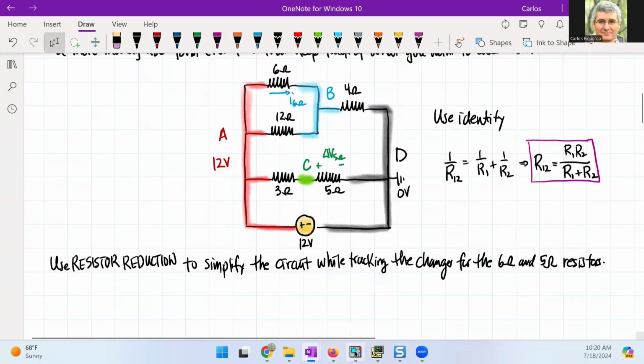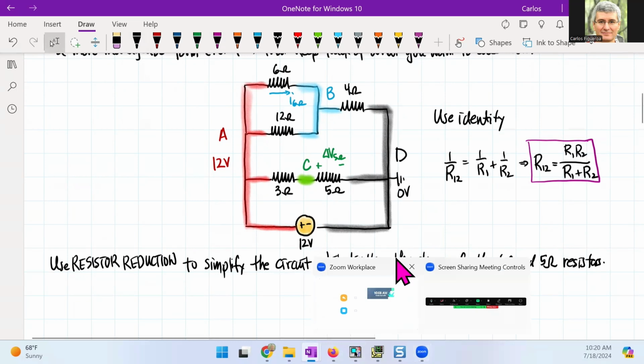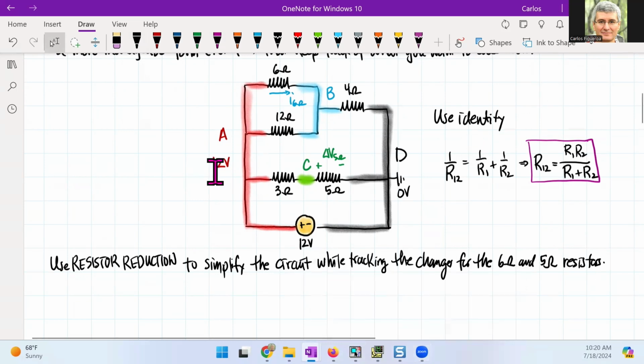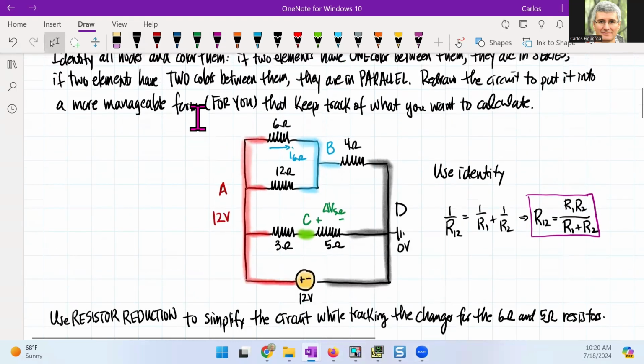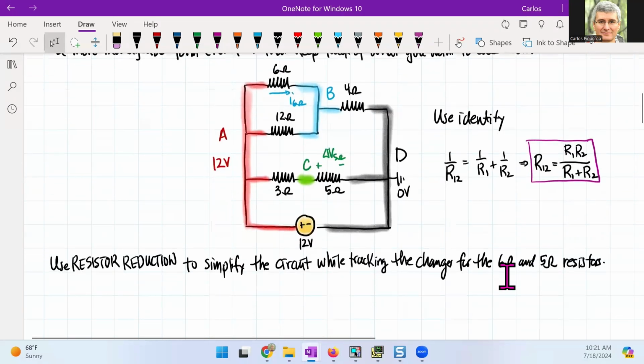The first thing I'm going to do is follow the same process. I look for what's in parallel first: two resistors that have two colors connected to them. I have resistors 6 and 12 between A and B, and those are in parallel. So I'm going to rewrite that.